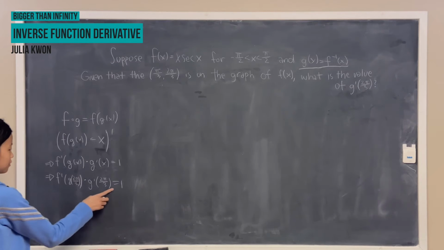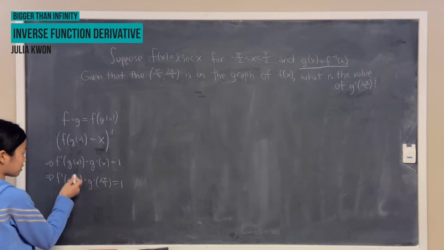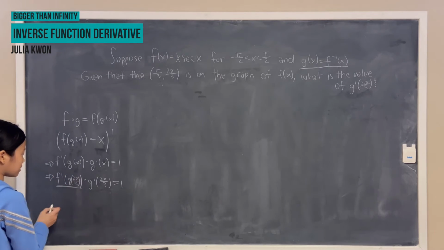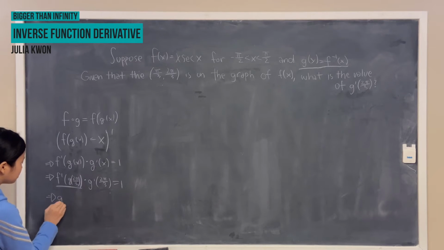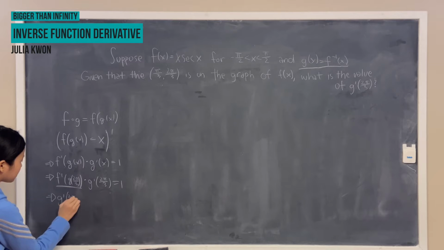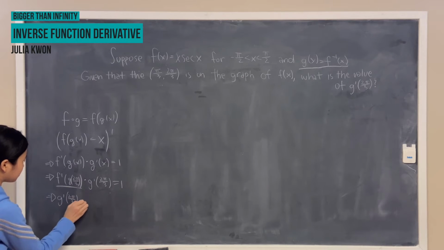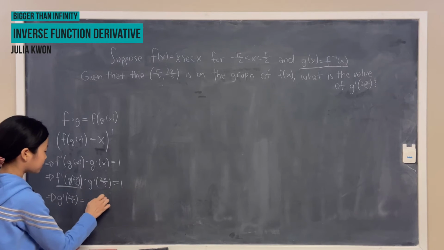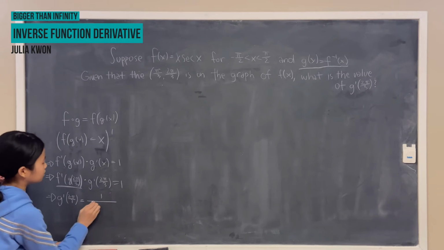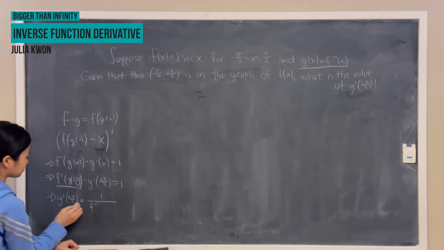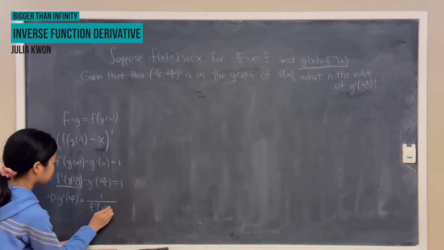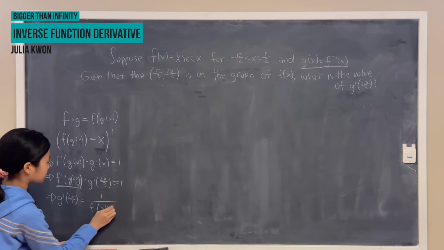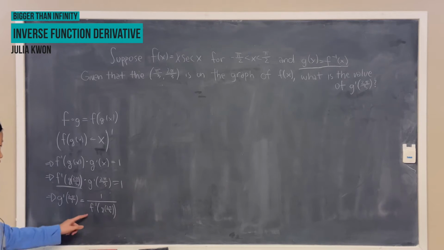Since we're trying to solve for g prime, we can divide both sides, and then we have g prime of 2 pi over 3 on one side and 1 over f prime of g of 2 pi over 3 on the other side.